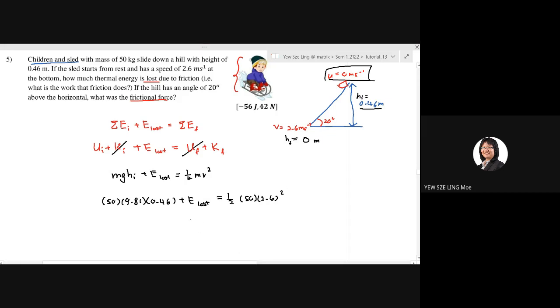So rearrange the equations. Energy loss is negative 56 joule, sorry, negative 56 joule. If you calculate everything correctly, this is what you're going to get.